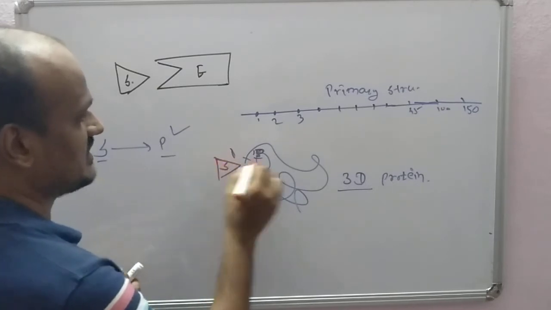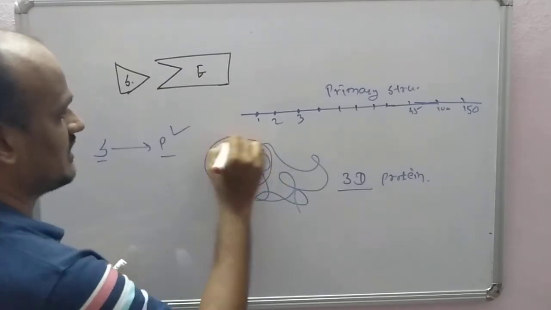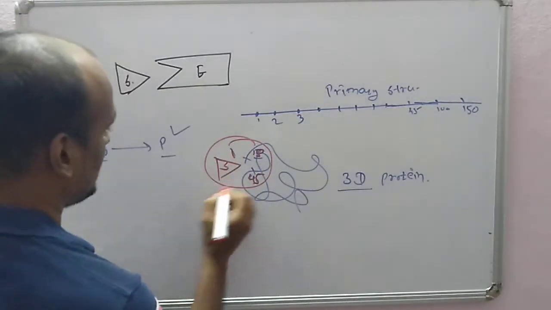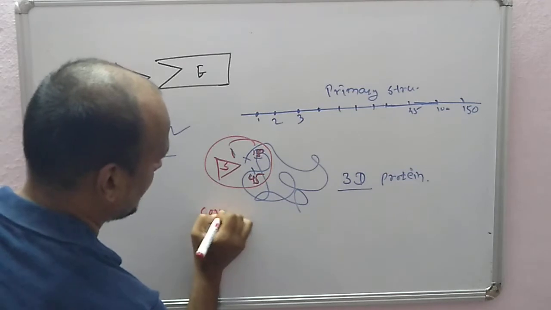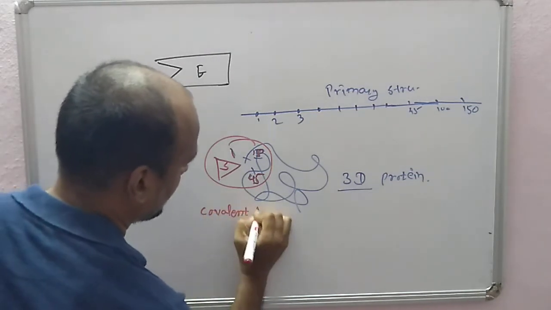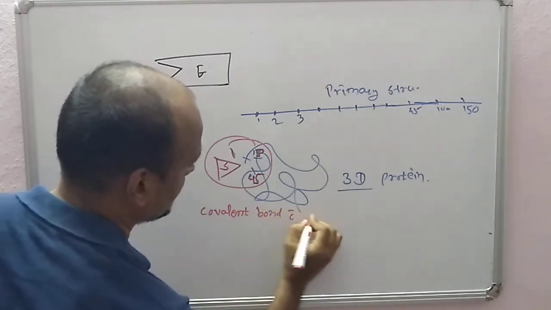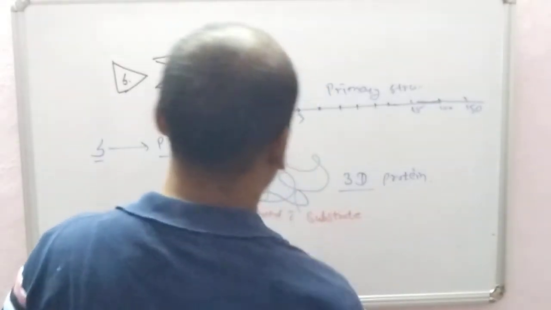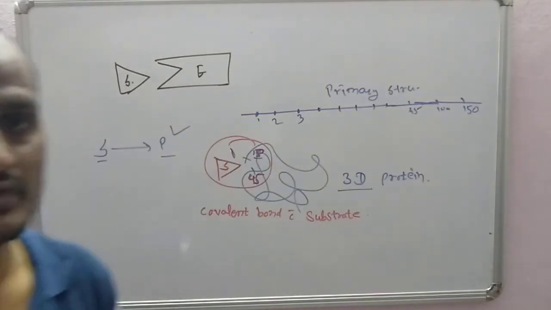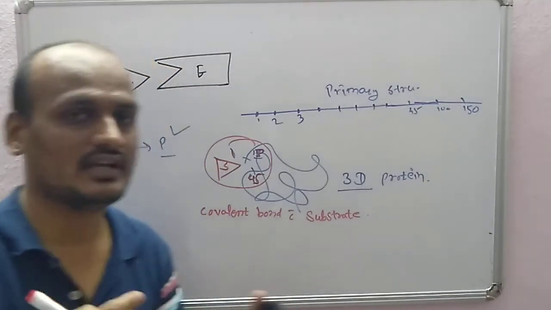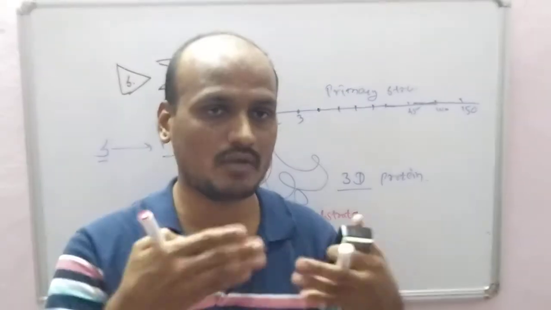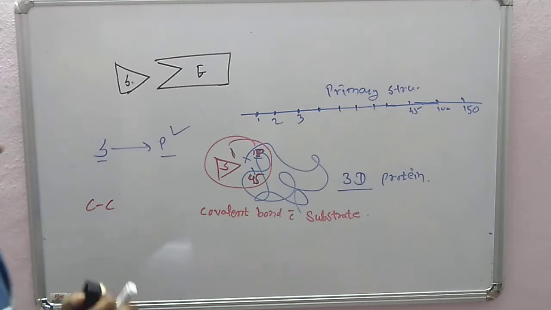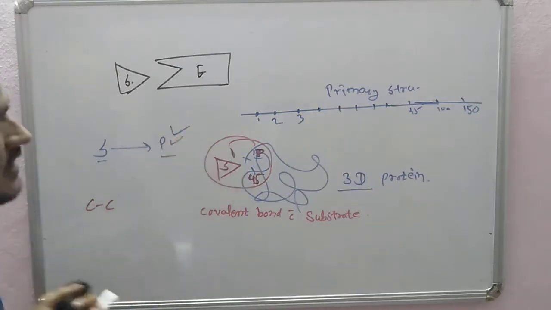They can interact with the substrate and help in the formation of a covalent bond with the substrate. Because of this covalent bond formation, particular bonds can be formed. For example, in the substrate, this carbon-carbon bond can form, and it will help in the creation of this product.